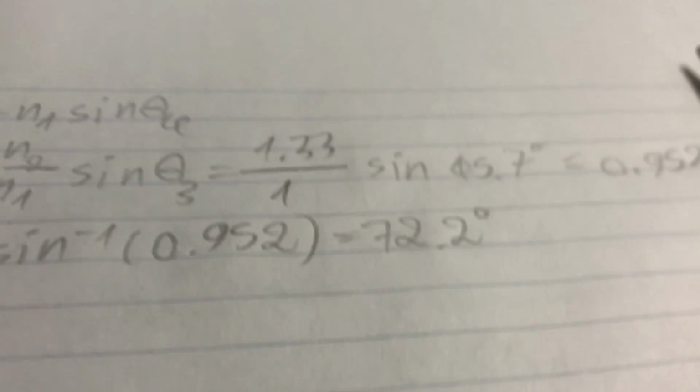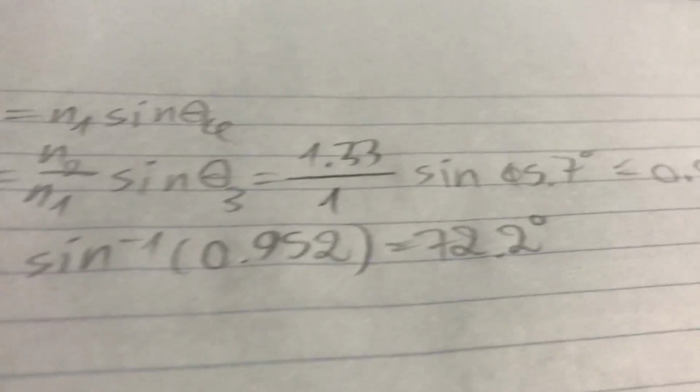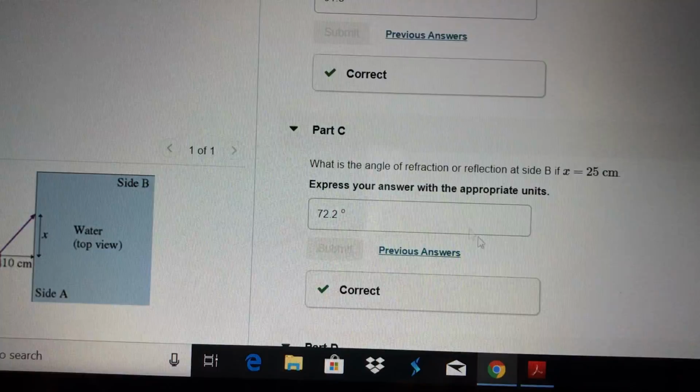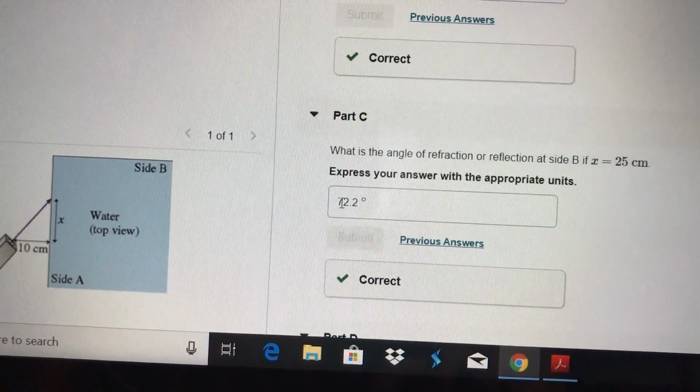And that is the exact answer of Mastering Physics. Let me show you. See, theta 72.2 degrees.